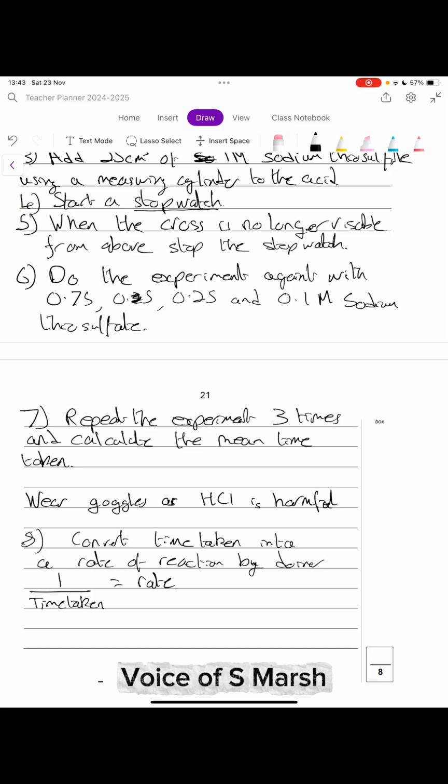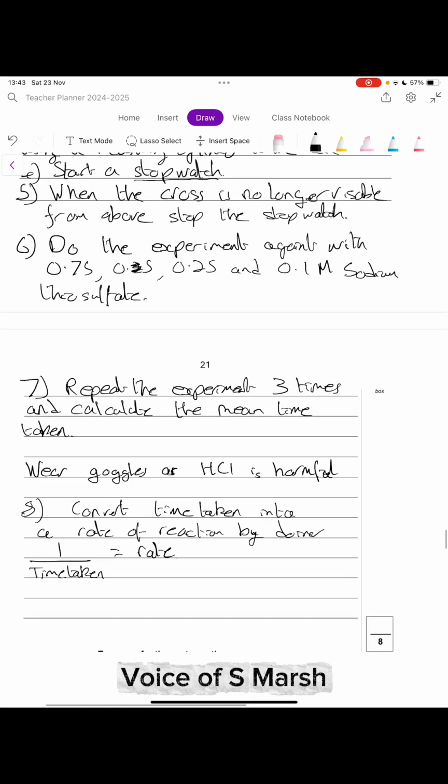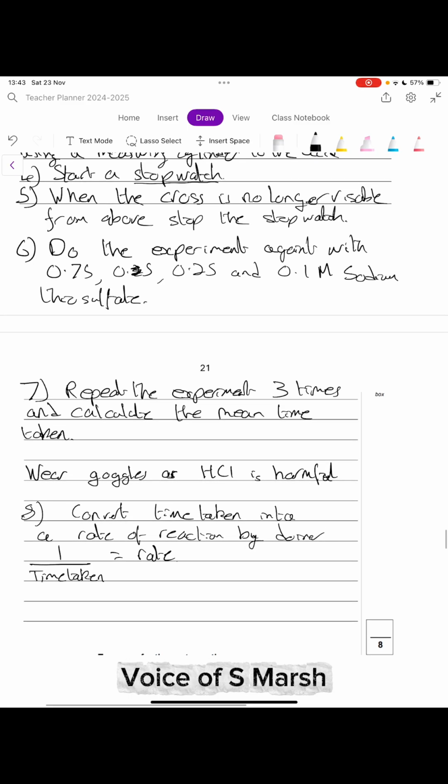And that gives you a number that you can plot on a graph, and that graph, when you do a graph of concentration versus rate, would appear linear, or appear directly proportional. Again, it's not really essential, but I think it's a good thing to say how you would then calculate the rate.